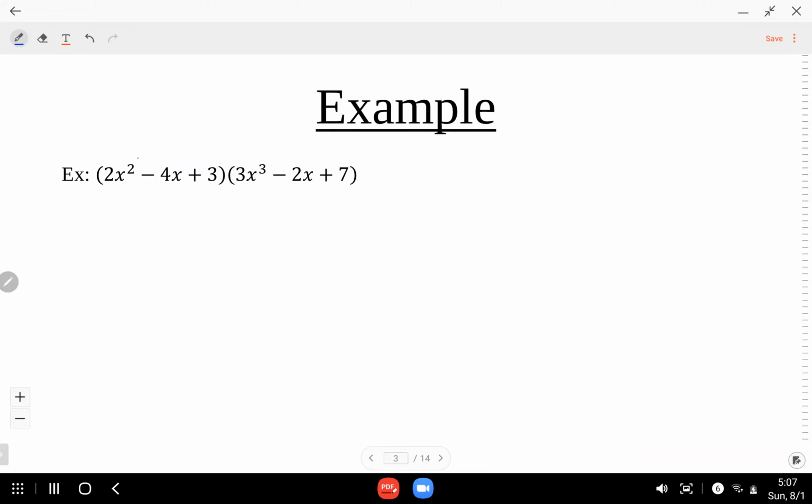Once you're done multiplying, you should get 9 terms, because every one of these terms multiplies, and 3 as well. So you're going to use distributive property to multiply all the terms together, and then you're going to get 9 terms, and then you can combine like terms and simplify.